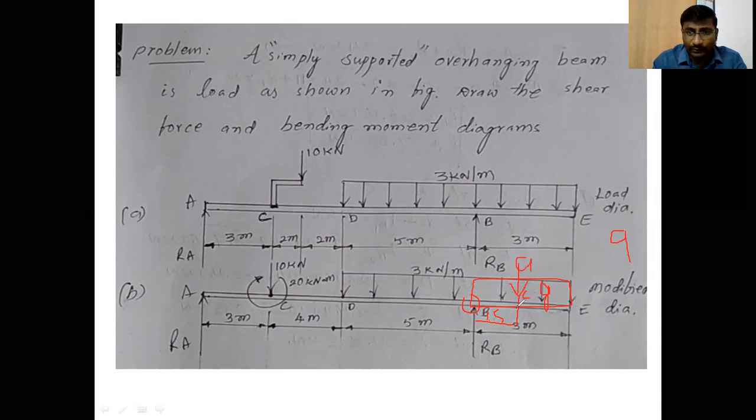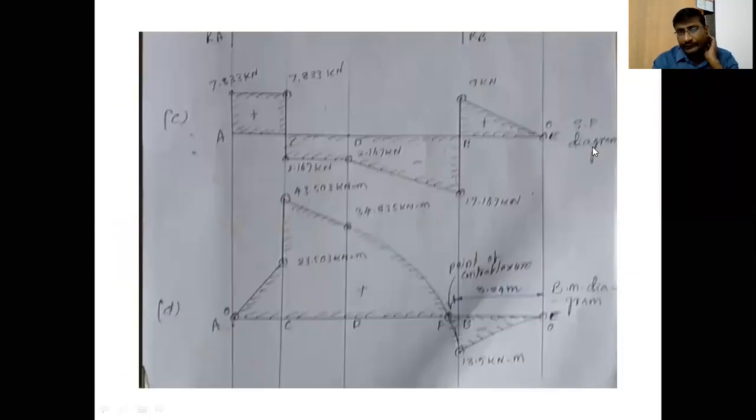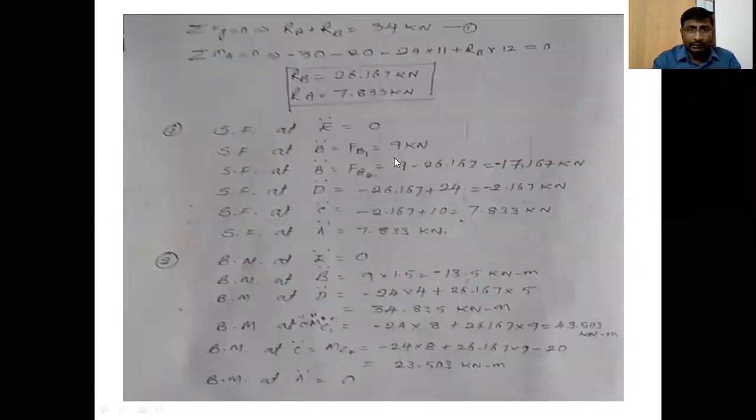So 9 into 1.5 will develop the moment at point B. Clear, students? So the bending moment at point B is 9 into 1.5, which is 13.5 kilonewton meter, which is negative.